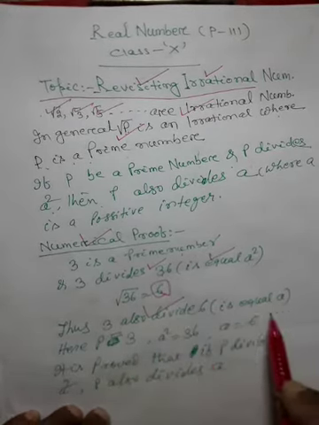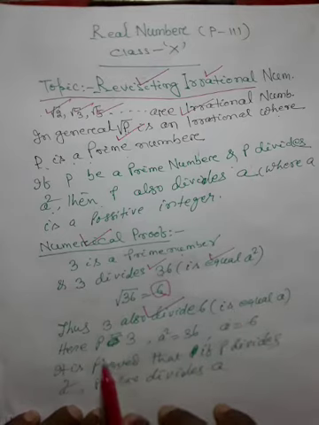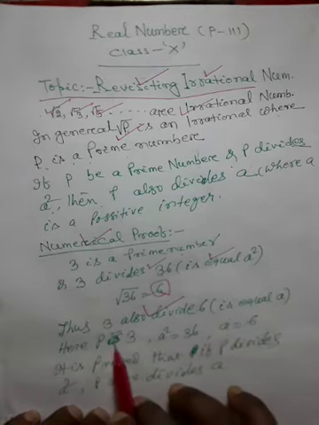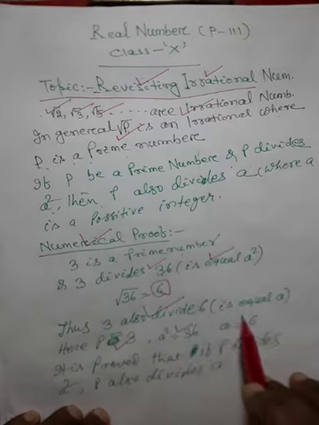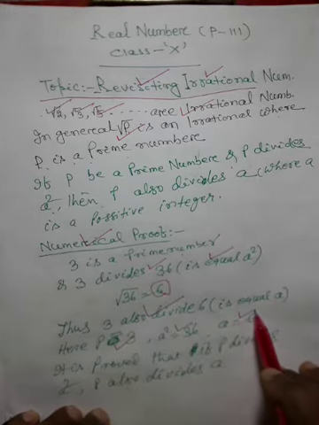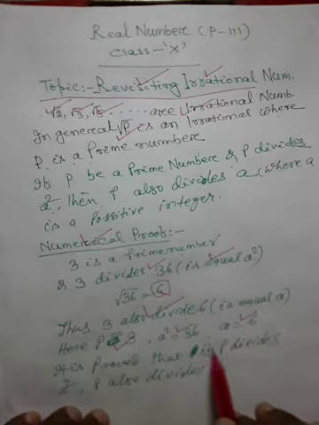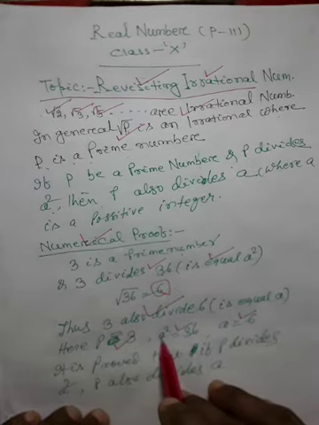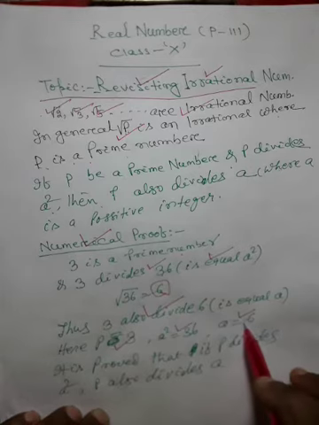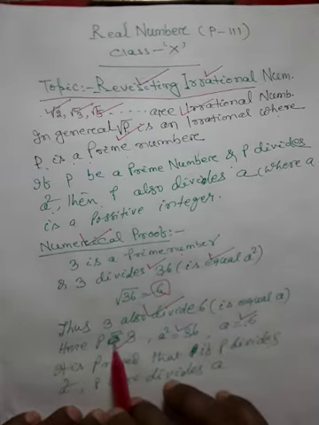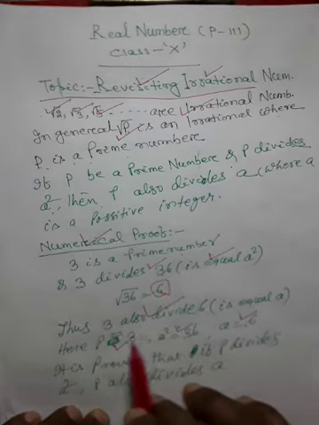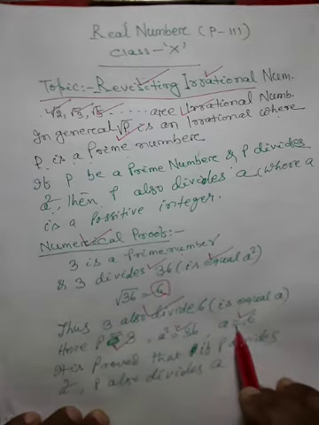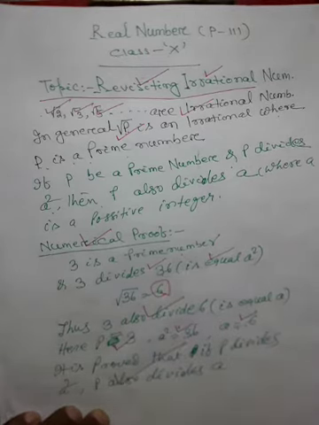From this we came to know that here p is equal to 3, a square is equal to 36, a is equal to 6. So if p divides a square, p also divides a. It is one theorem.